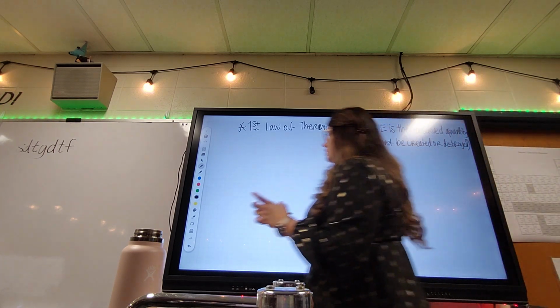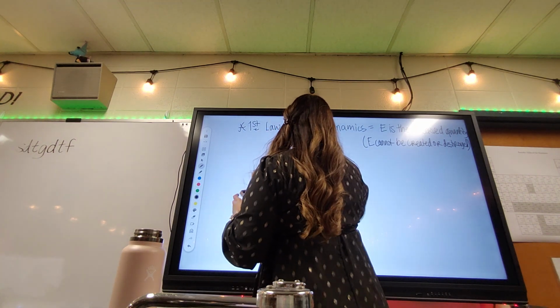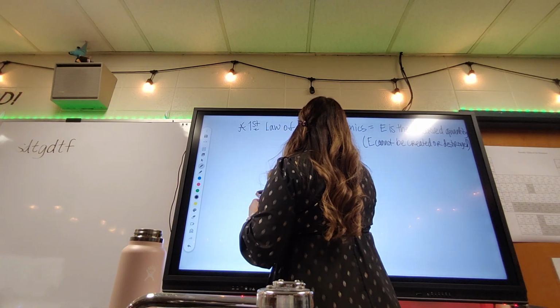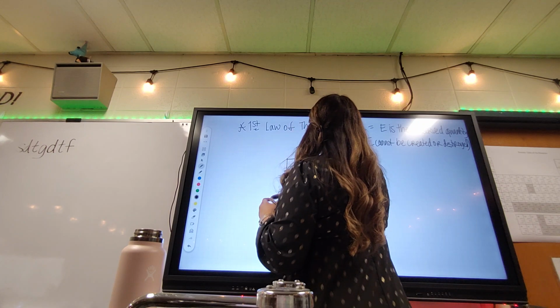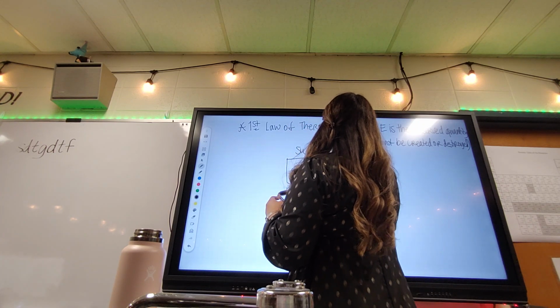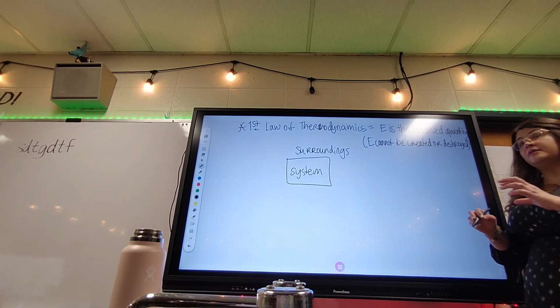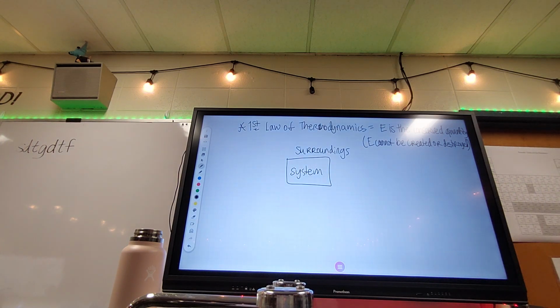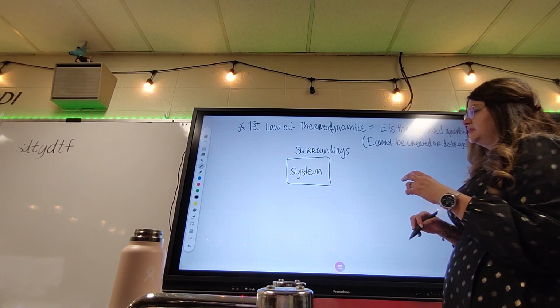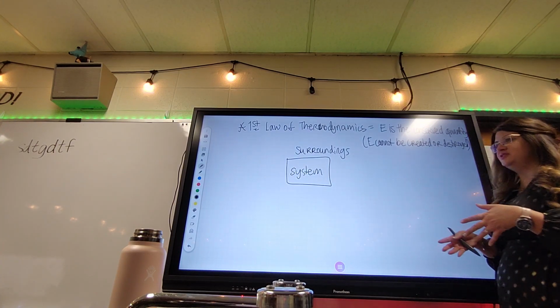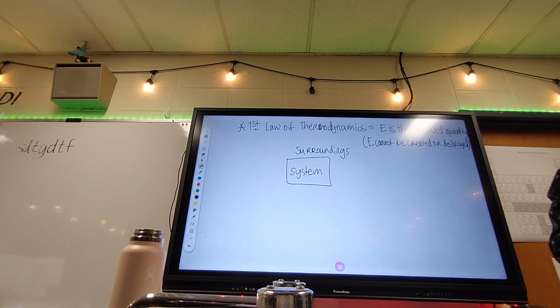So before we go any further, I just want to define these words again. You can make a lot of different comments about energy being conserved by how you define your system and its surroundings. So if you say that the entire universe is your surroundings, energy has to be conserved.